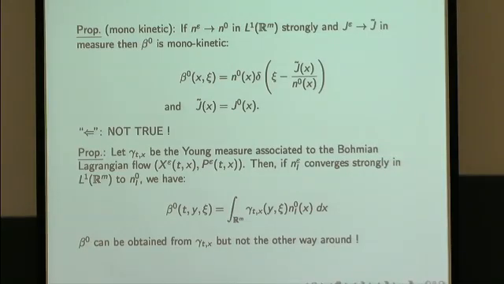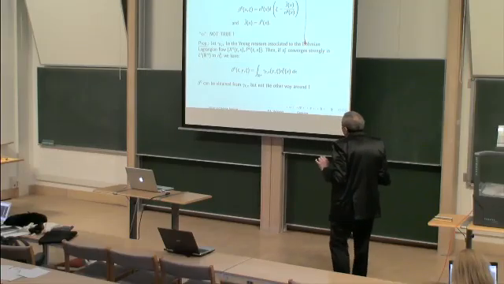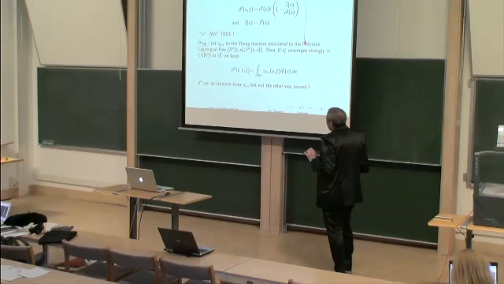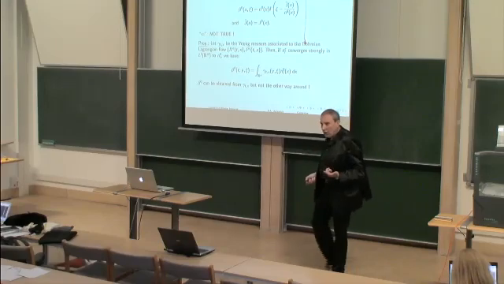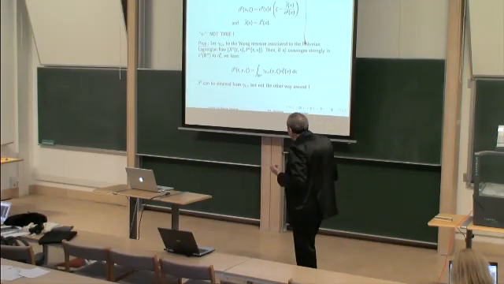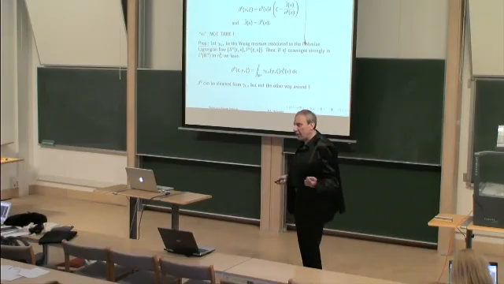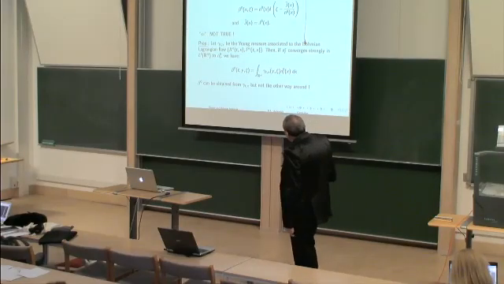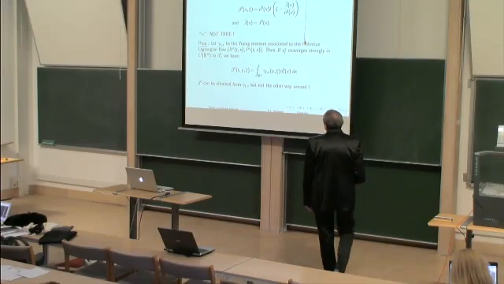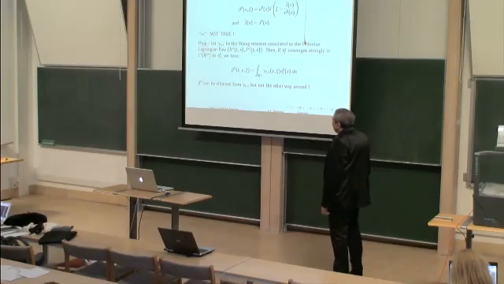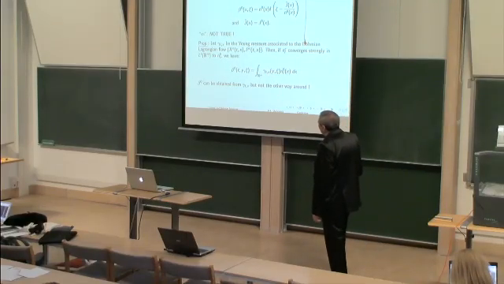Okay, now, many people have been interested in what happens to the Bohmian Lagrangian trajectories themselves in the limit process as epsilon tends to 0. Okay. Now, there is a connection between the limiting Bohmian measure and the Young measure associated to the Lagrangian Bohmian trajectories. And the connection is given here. Essentially what it says is that, where you have to integrate out one variable here.